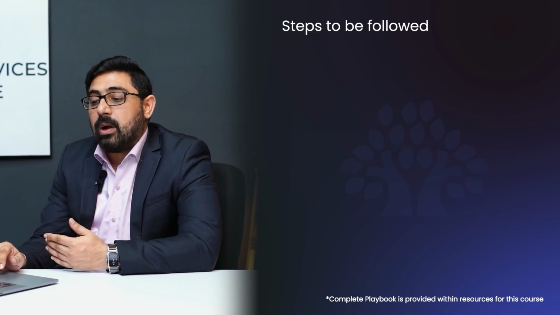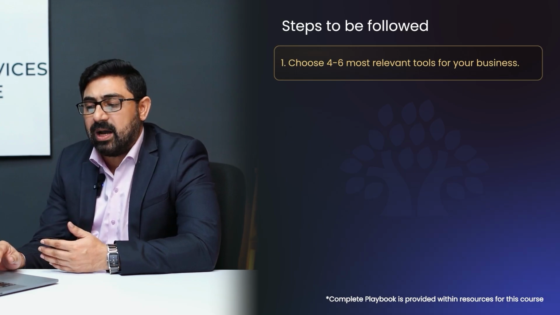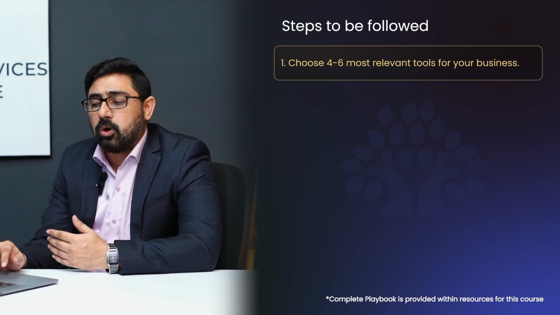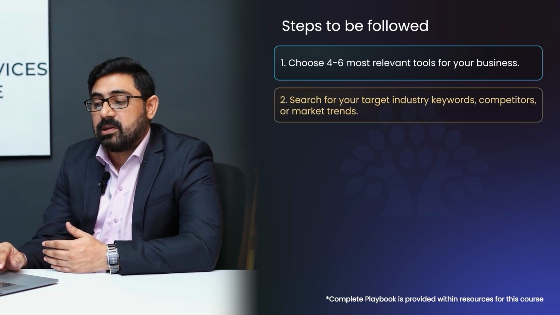First of all, you have to choose the most relevant tool for your business. There could be 4 to 6 tools, or there could be 2 to 5 tools. That depends on your objectives and your outcomes. You have to search for your target industry keywords, competitors, or market trends.